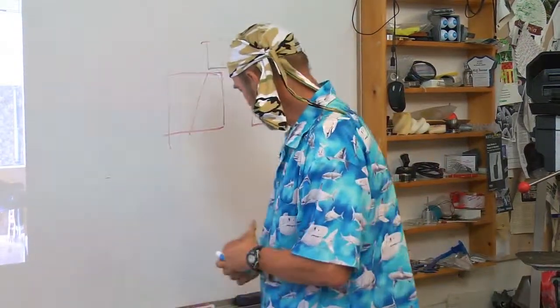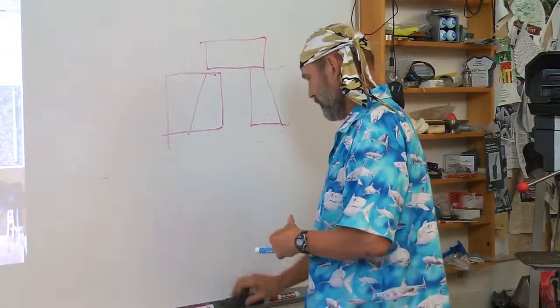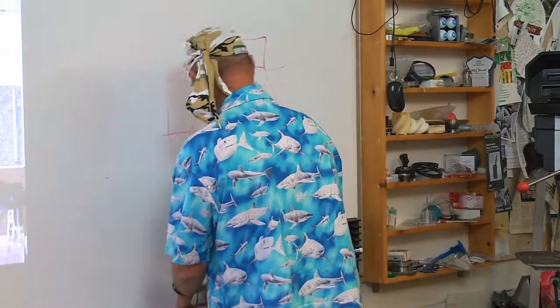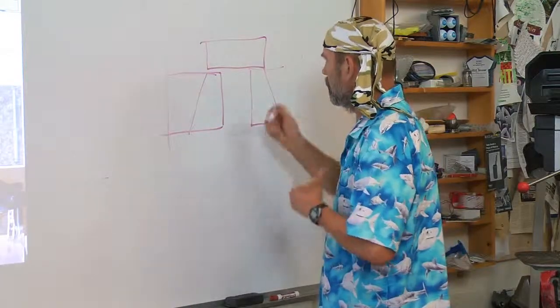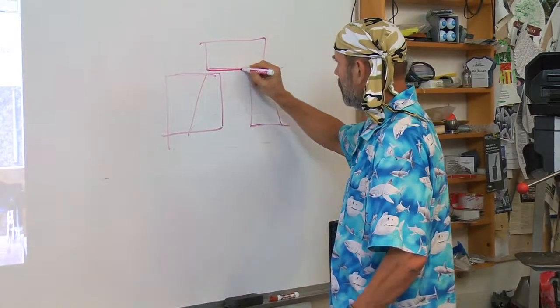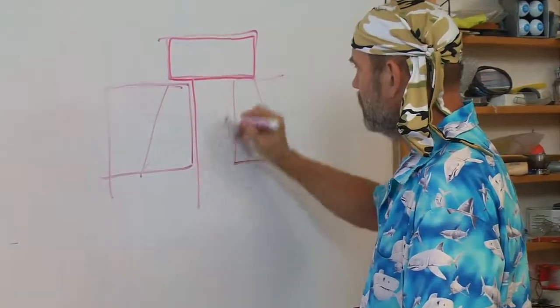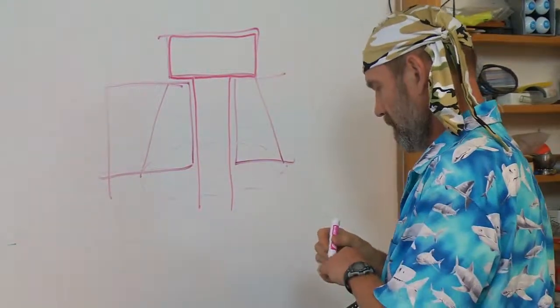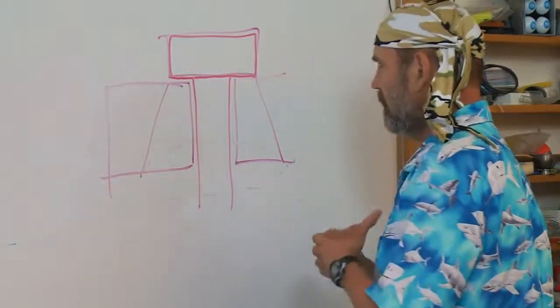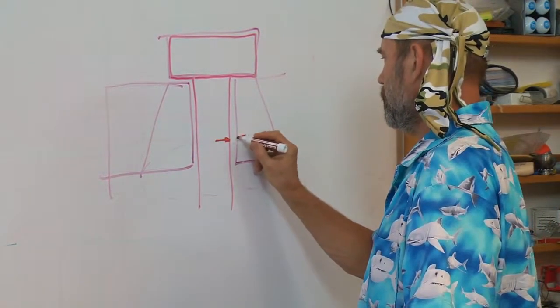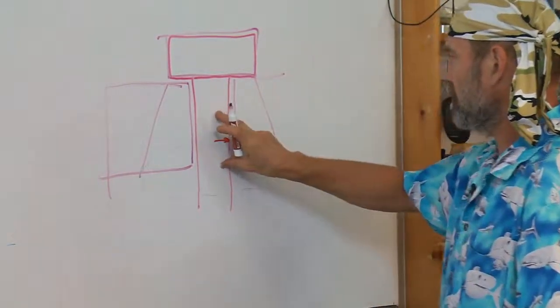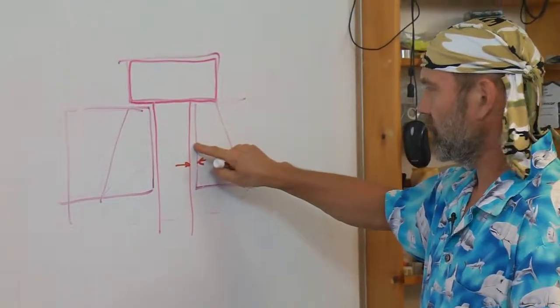So when you look at a riveted joint, first of all, let me go back to my bolted joint picture here. Here's the bolt head, bolt shaft. You will always have some clearance between the shaft of the bolt and the bolt hole.